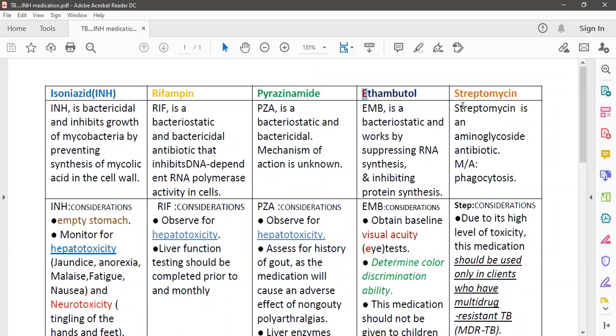Second point, streptomycin has a danger or risk of developing toxicity. Usually we do not use it. But if the other anti-TB drugs do not work or are resistant, in that case, we do not have any other choice and we use streptomycin.